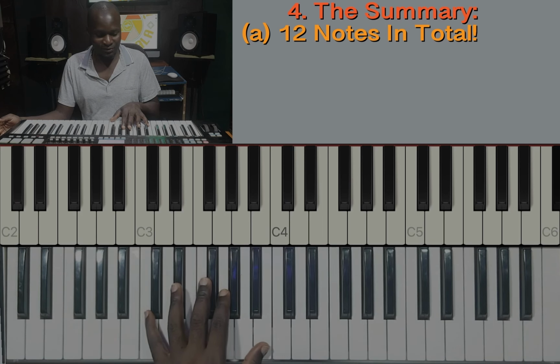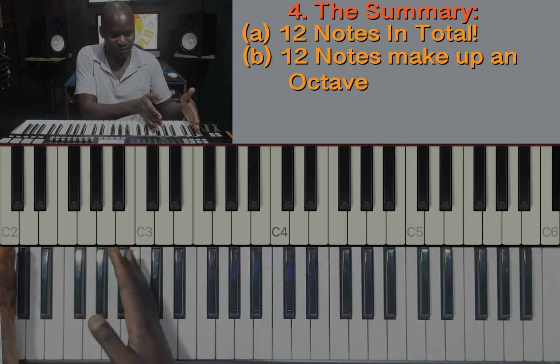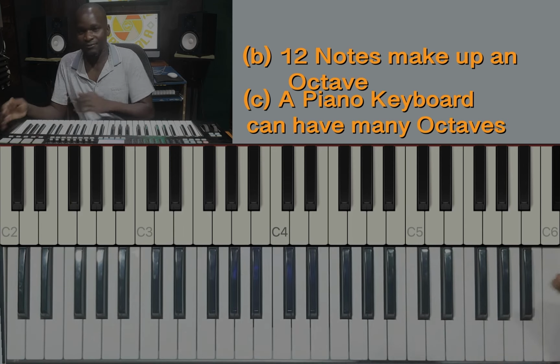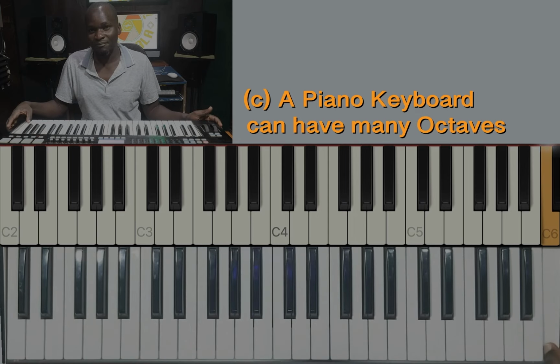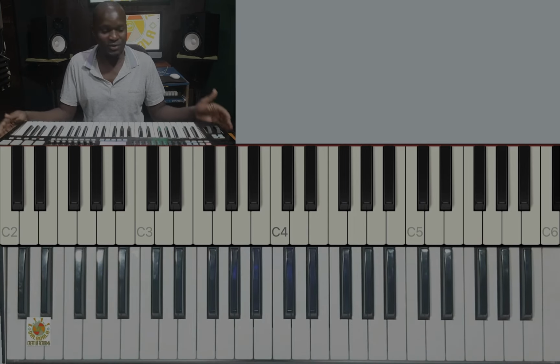And those 12 notes make up an octave. So this piano keyboard has 12, 24, 36, 48, plus that one. So that's the 49 keys we are always talking about.